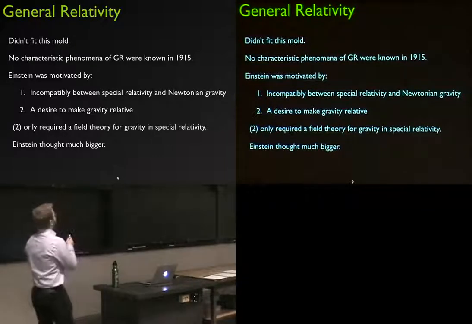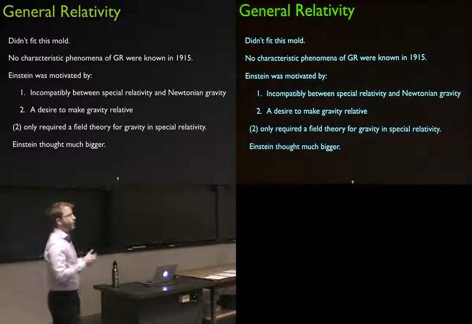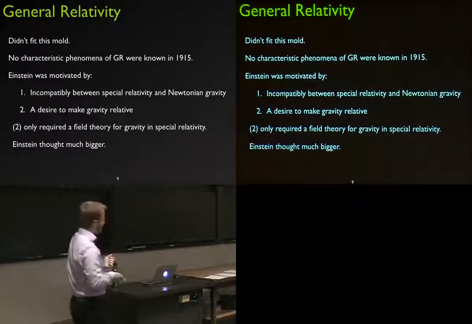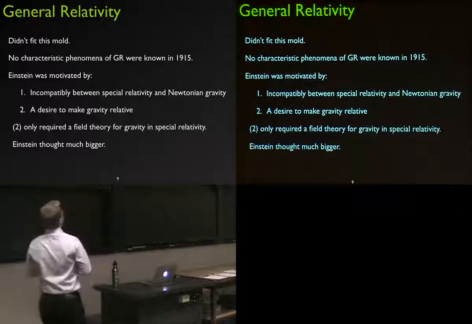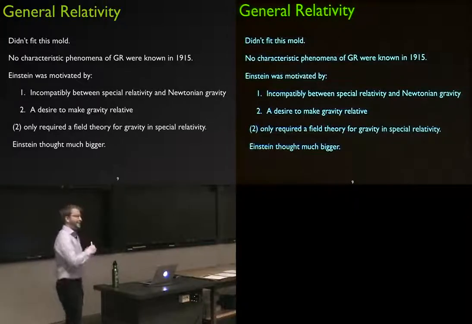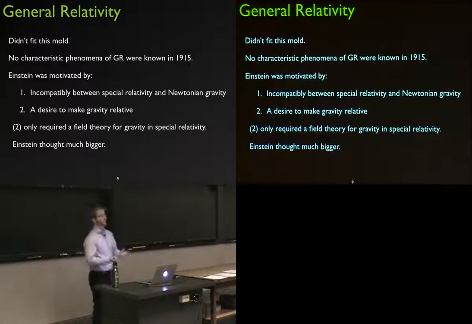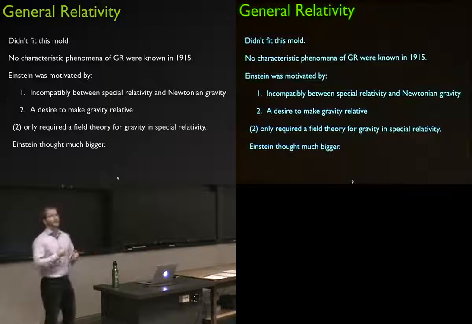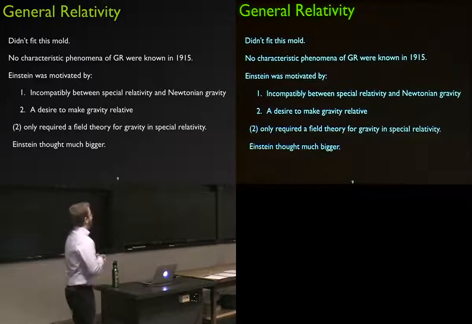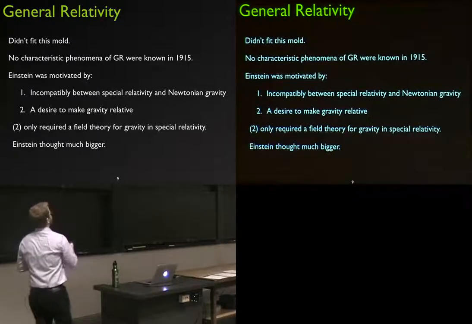So the motivations that Einstein actually had, he wasn't motivated by weird experimental results. What he was motivated by was, one, a seeming inconsistency between Newton's description of gravity and his new theory of special relativity. He felt that gravity should also be relative. And so that was one of his motivations.